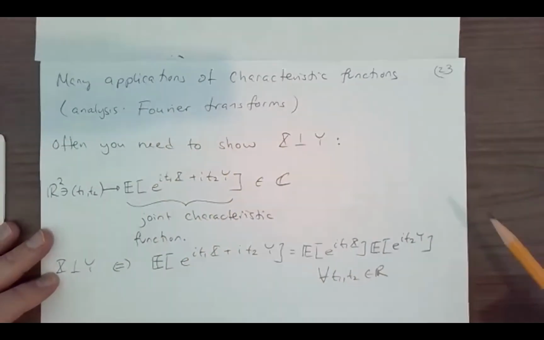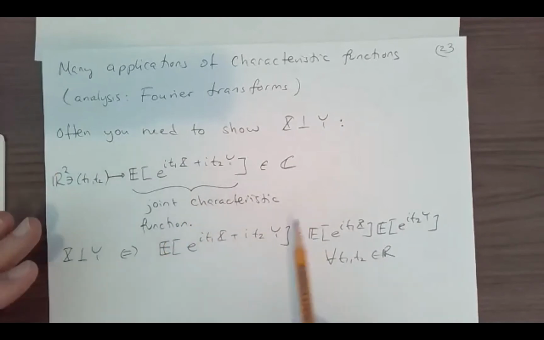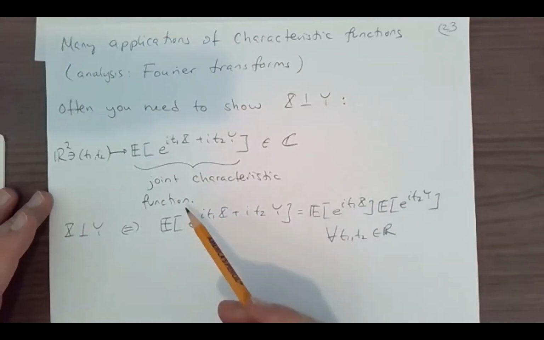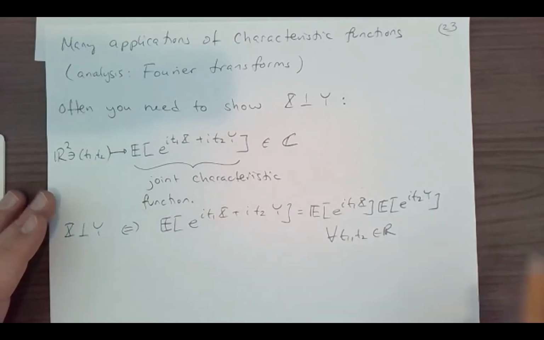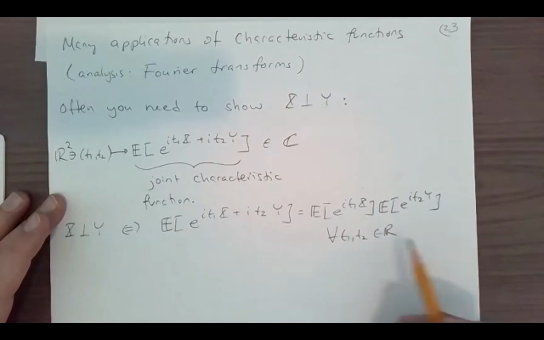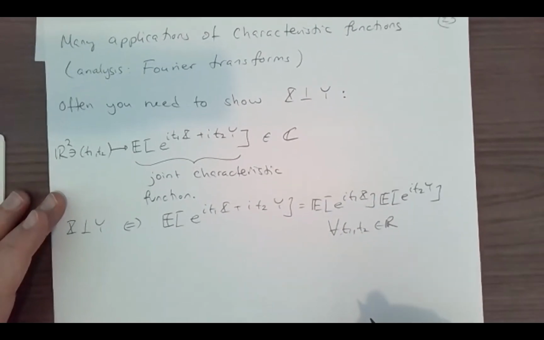In analysis, it's this Fourier transform. In probability, this is a basic application of a characteristic function. It allows you to test for independence if you can get something like this to work for any T1 and any T2.